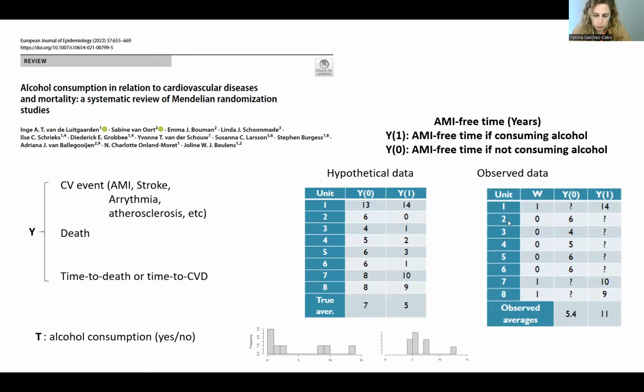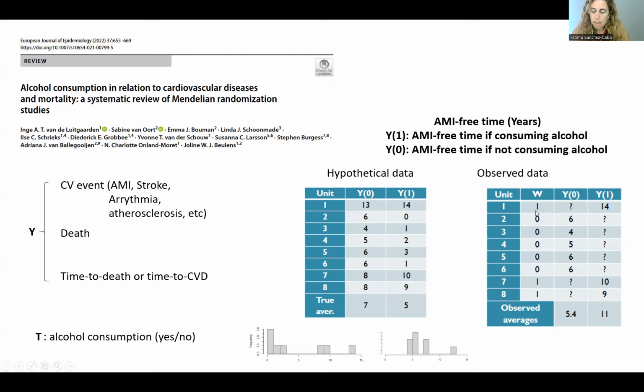The observed data is not like this. The observed data is like that. Here I call it W, but it's actually T. It's the treatment variable that indicates if the person takes or doesn't take alcohol. So as I said in the previous slide, we cannot observe both situations simultaneously.